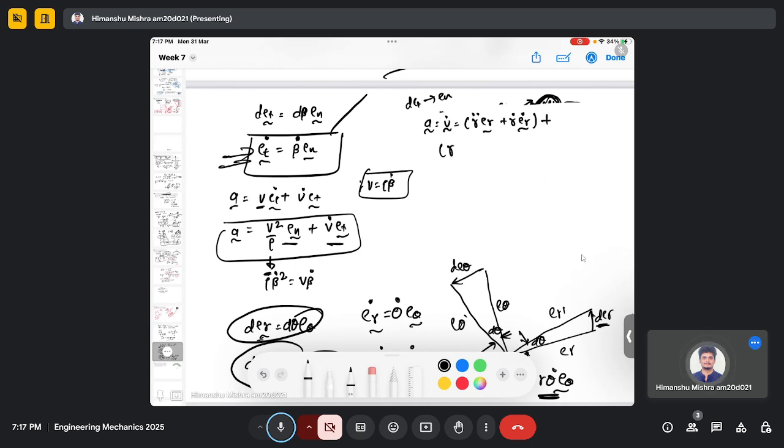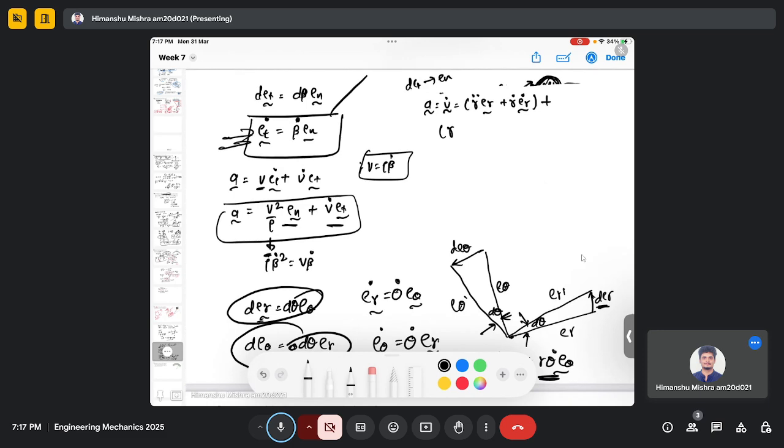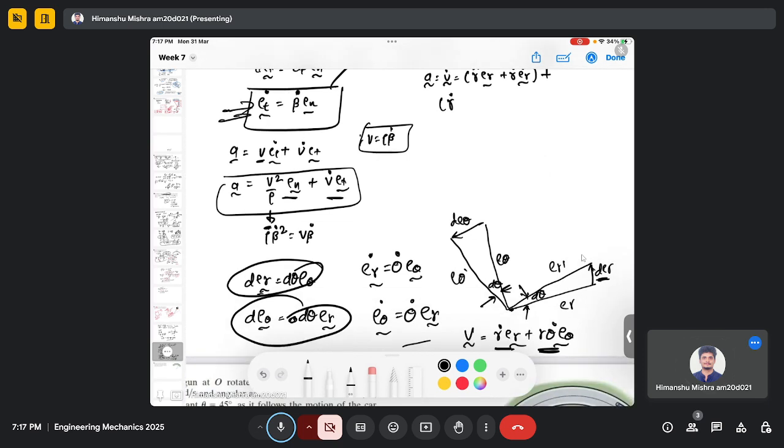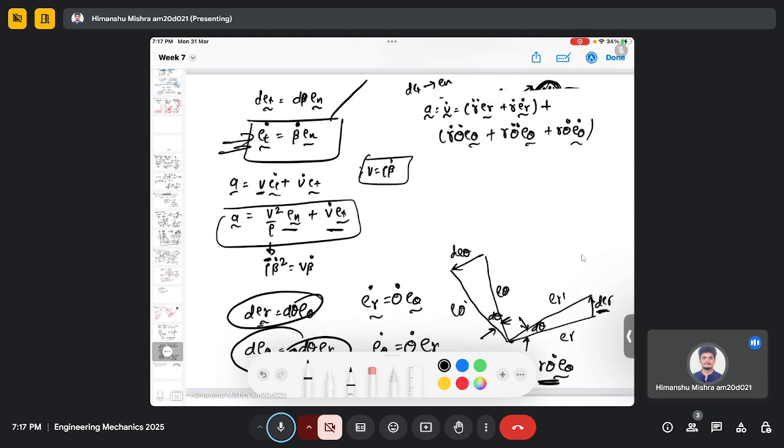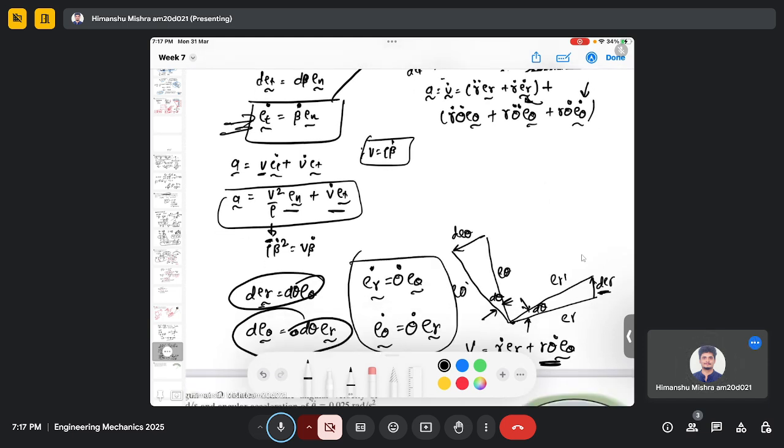Then you will have R dot theta dot E theta, then R theta double dot E theta, then R theta dot E theta dot. So here in the place of E theta dot and ER dot you can use these relations.